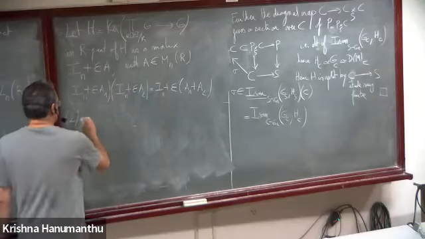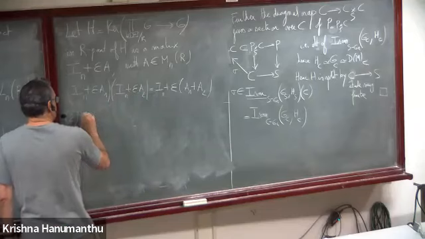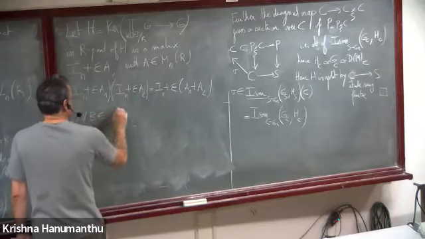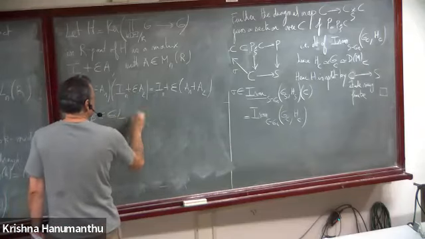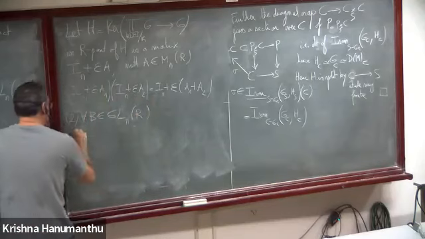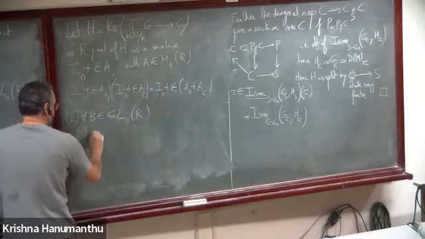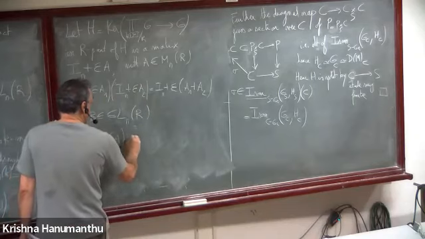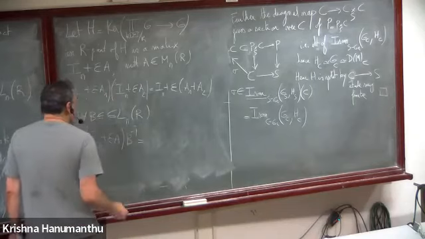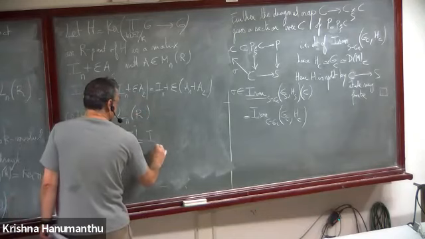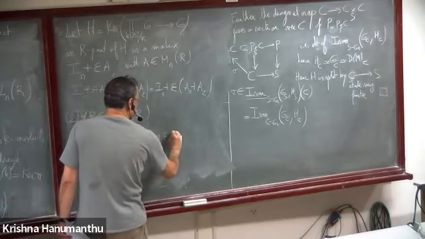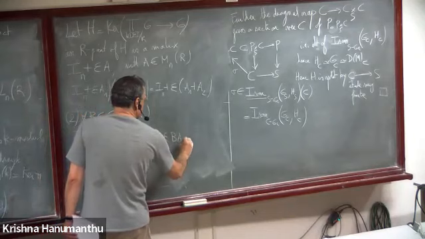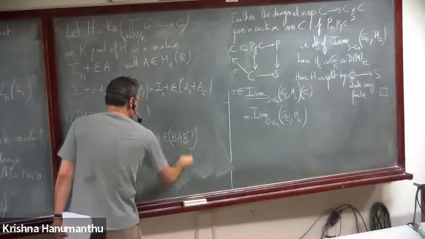And secondly, for any matrix B invertible in GLN of R, we have B times (Id plus epsilon A) B inverse, which is Id plus epsilon B A B inverse.